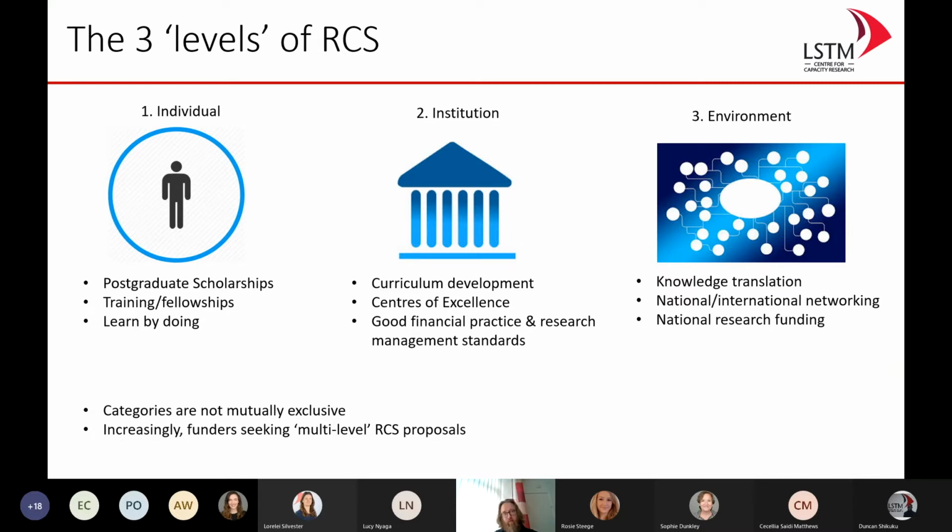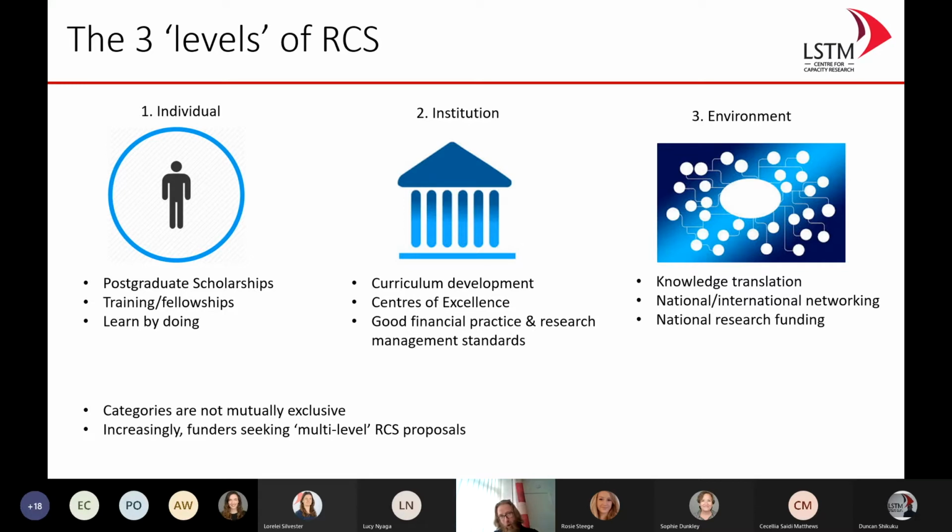The second level is the research institution, research universities, any institution in which researchers are employed to carry out research work. So again, researchers can't work in isolation. They need a supportive institutional environment to work productively and as effectively as they can.